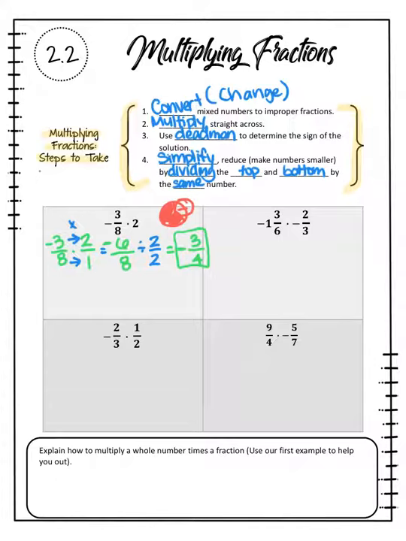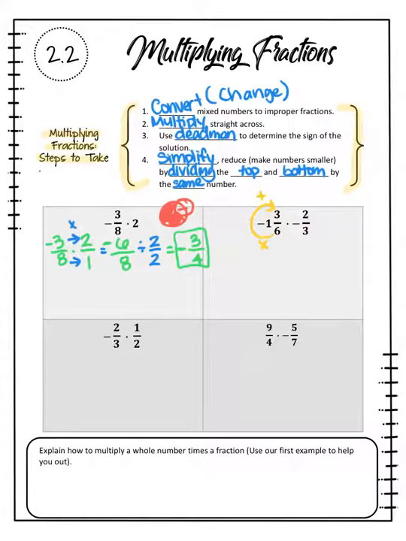The last example that we're going to do together is the one right next to it, because we do have a mixed number, so I want to remind you, how do you convert a mixed number to an improper fraction? So here we have negative 1 and 3/6. You would do this nifty little thing here where you multiply your denominator times your whole number and then add your numerator.